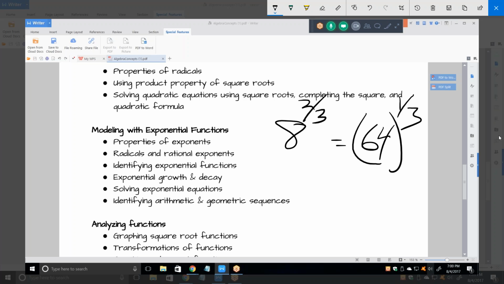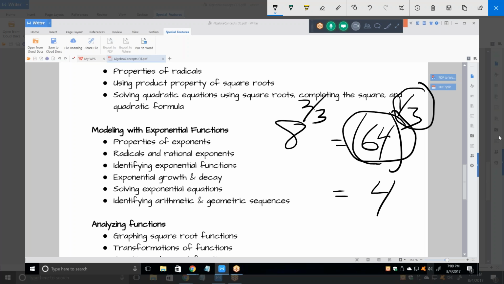In other words, if I act on the numerator first, I'm going to square the 8. Then I'm just going to have the denominator left, which is 1/3. Well, the cube root of 64 is 4. The problem is that I had to square 8, which gives me a rather large number, 64.